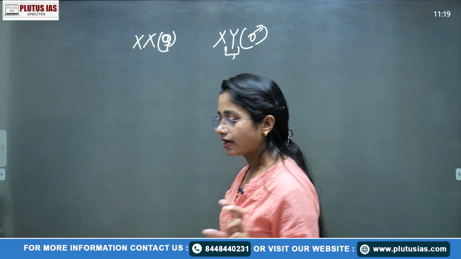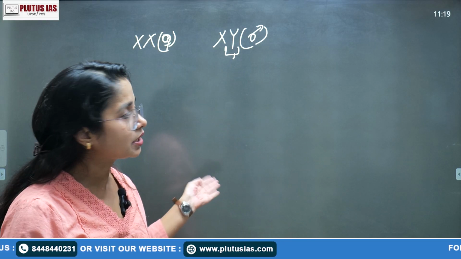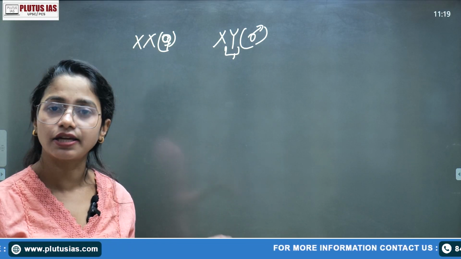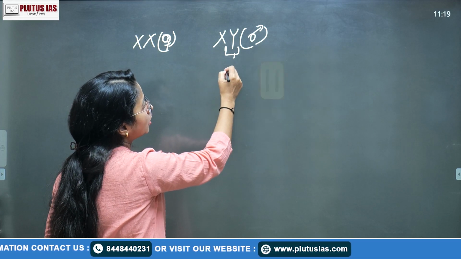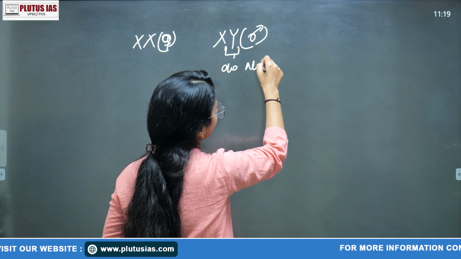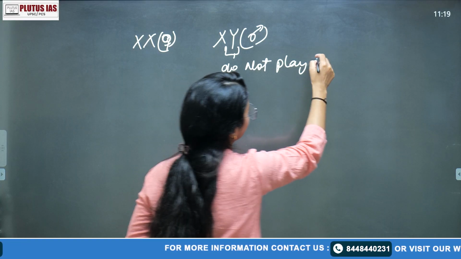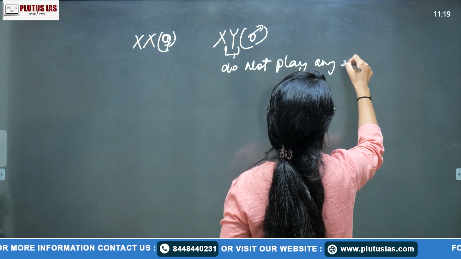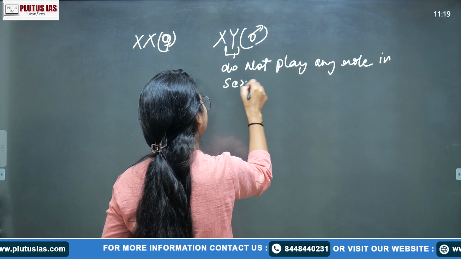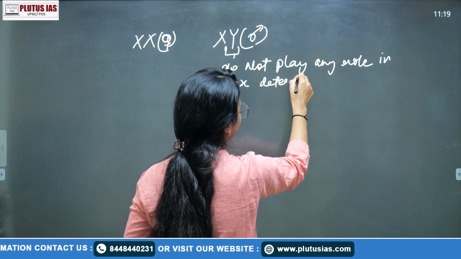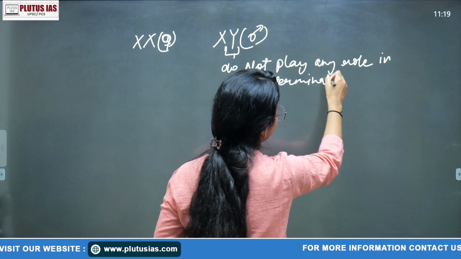The X chromosome is actually determining. In this gene balance theory, he has said again that the Y chromosome does not play any role in sex determination. This is the first point about the gene balance theory.